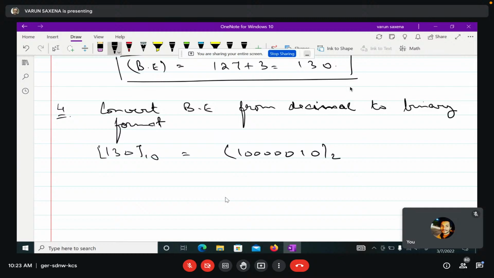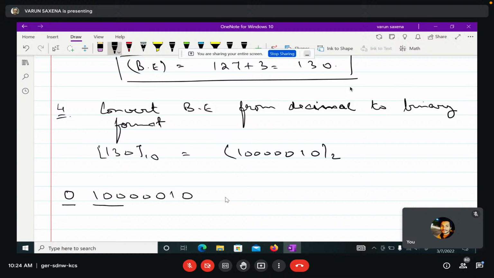So now let's write the number in 32-bit format. The first bit is 0 because it's a sign bit and it's a positive number. Then the next 8 bits represent the biased exponent. So let me write it: 1 0 0 0 0 0 1 0.